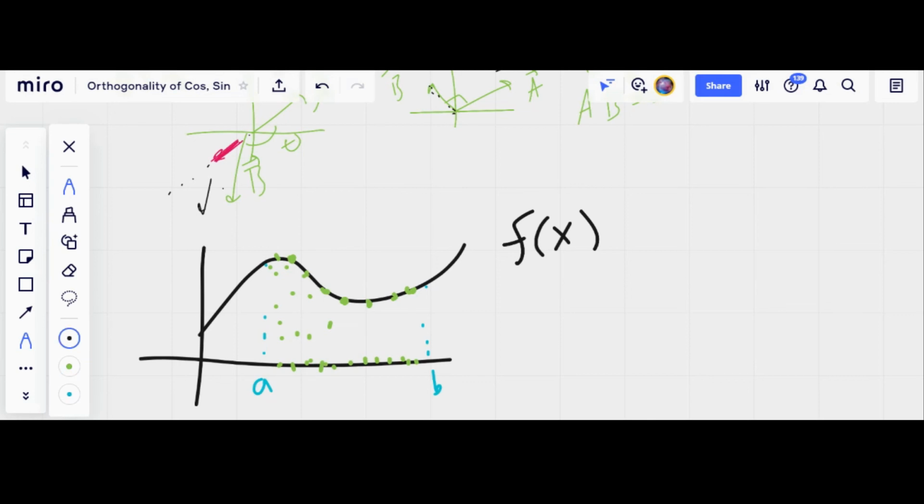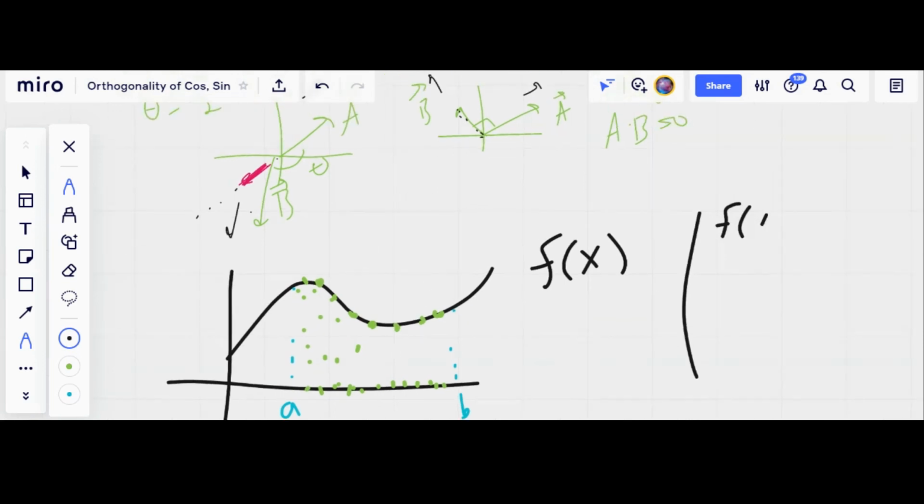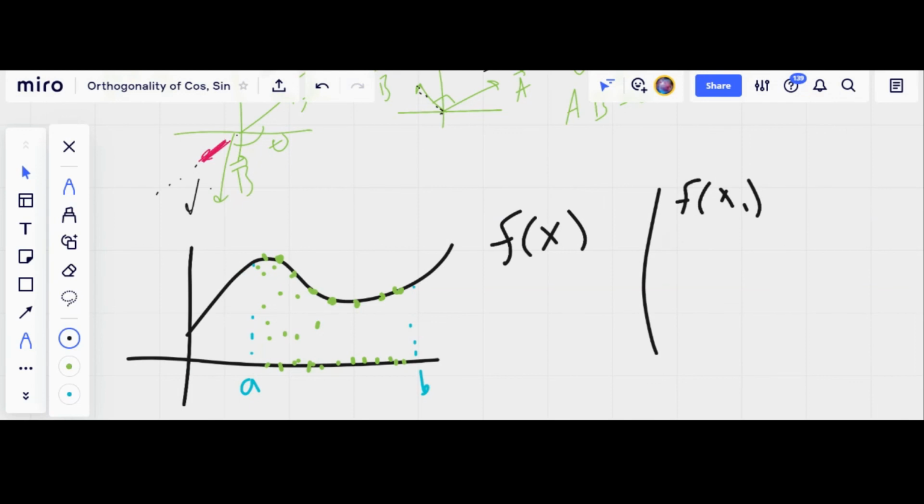So what we can do is we can store these values for f of x as a column vector. Let's just say that we can express f of x as a collection of values at a bunch of coordinates that are equally spaced out.